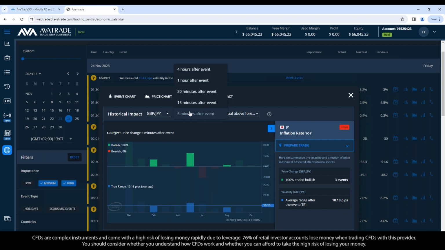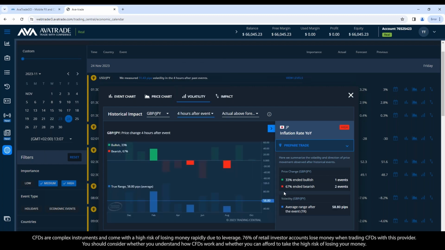And then after 4 hours, if you sold within those first 5 minutes, 2/3 of the time, 67% of the time, it ended up down, okay, with 58.8 pips range movement. So we're looking 20, 30 pips, potentially dropping even more from the high point that you could catch after the first 5 minutes.